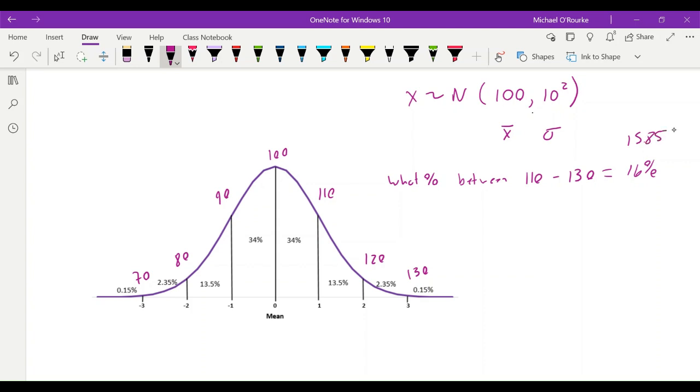I actually got 15.85. We'll go 16%. Okay. What else covers 16%? What two numbers would have 16% of the population between them? That would be here between these two. 90 and 70.